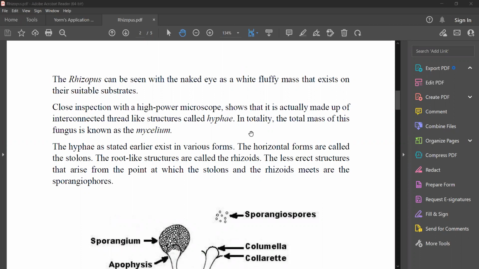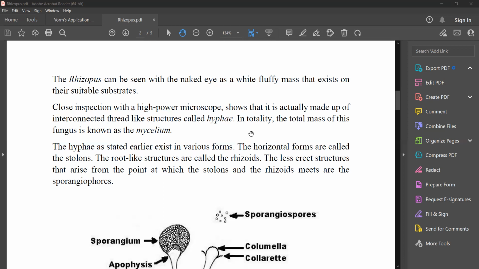So, as I said, the hyphae can exist in various forms. You can have the horizontal form of the hyphae, which are known as the stolon. Please note the terms I've been using so far. I've mentioned syncytial, I've mentioned parasitic, saprophytic, hyphae, mycelium, and now the stolon.